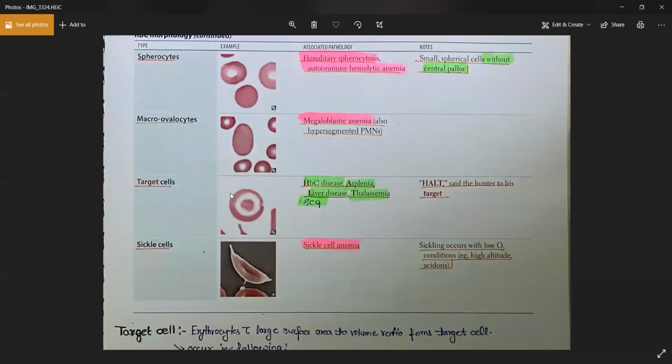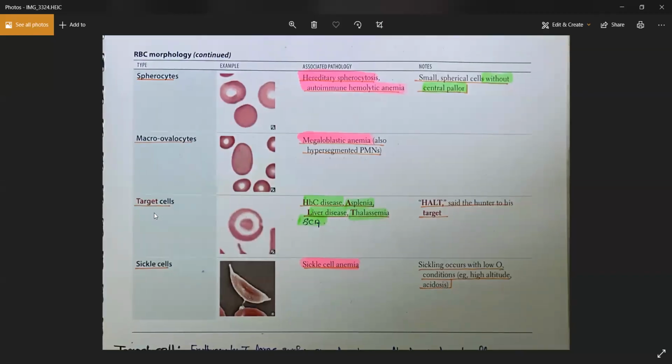Then comes the target cells. These target cells contain a central membrane in the RBC. See, in case of a normal RBC, you're having this biconvex shape, right? In case of target cells, you're having this kind of shape in the RBC.